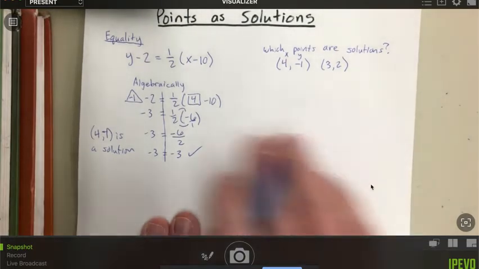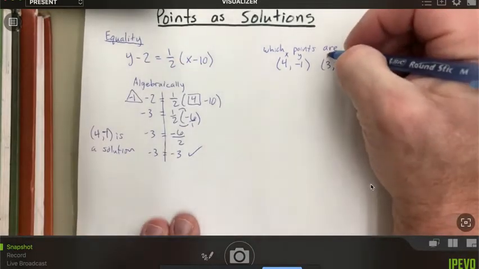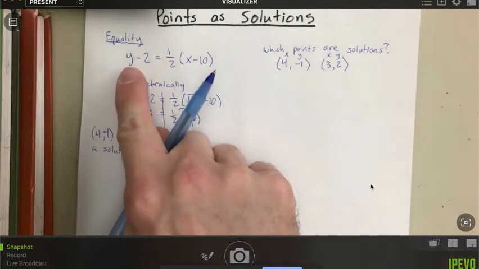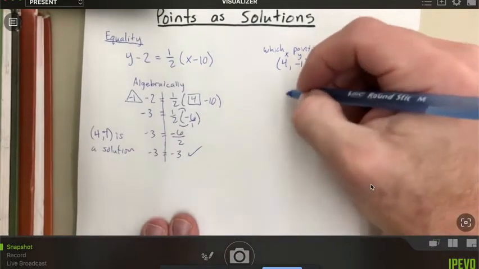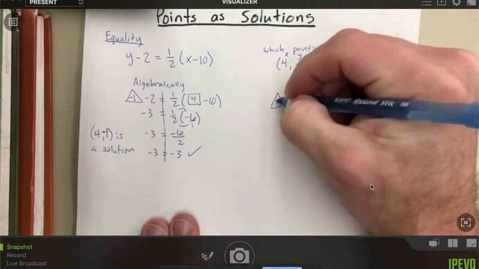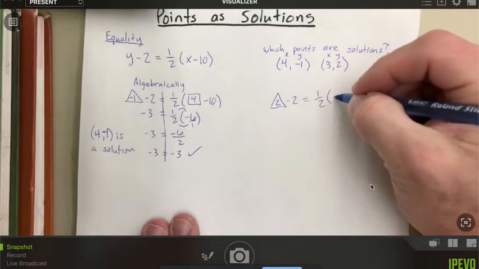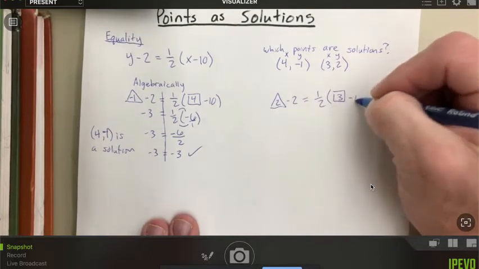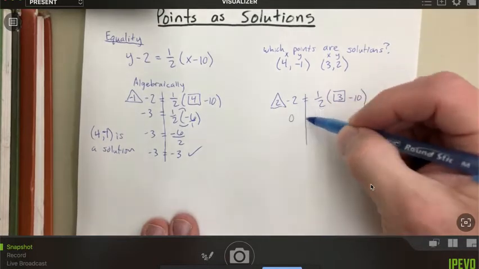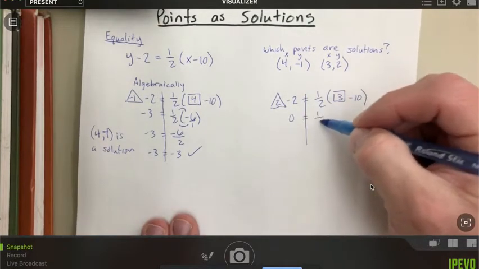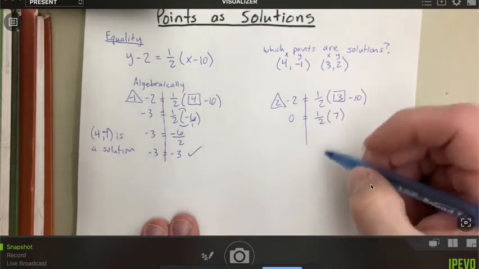So then if we do the same thing, go back to our original, but this time think about (3, 2). Well, in this case, y would be 2 and x would be 3. So, all right, and then 2 minus 2 would be 0. 3 minus 10 inside parentheses there would be 7.